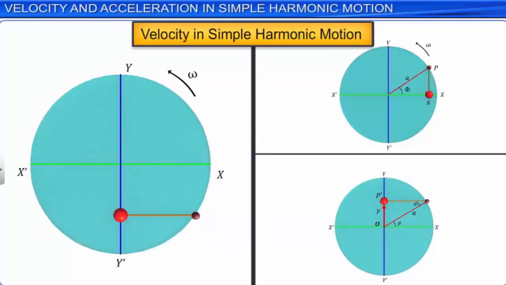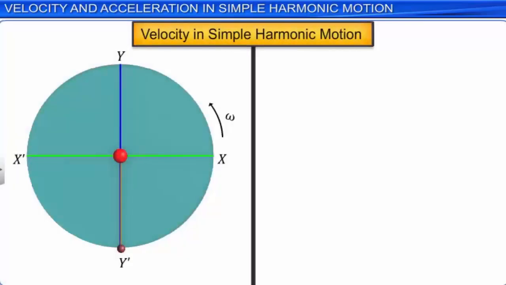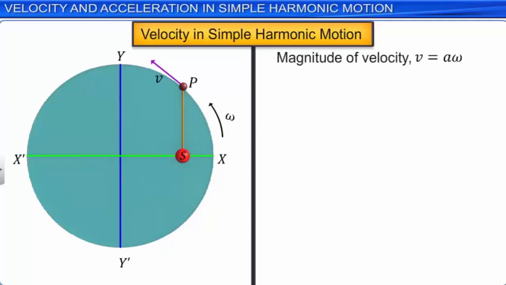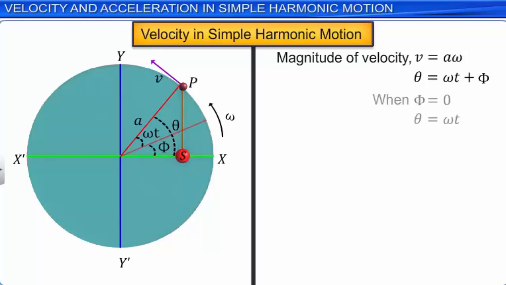The particle executes circular motion with a constant velocity v, whose magnitude is equal to a omega, where a is the radius of the reference circle. For simplicity, if we assume the initial phase phi is equal to 0, then the two components of velocity v are v cos theta and v sin theta respectively, in the directions shown.